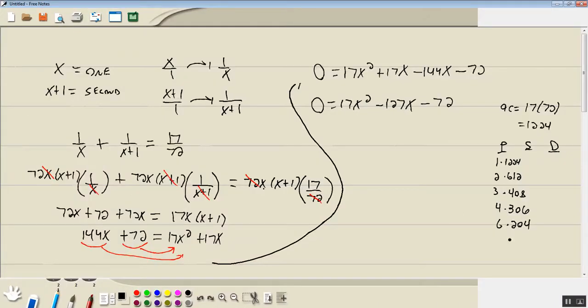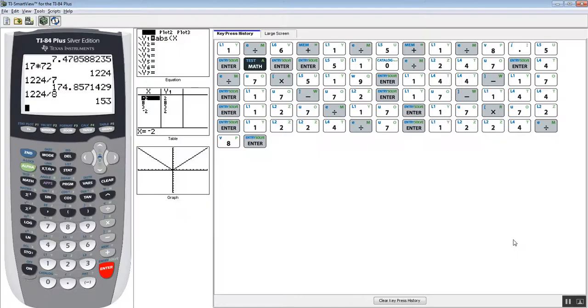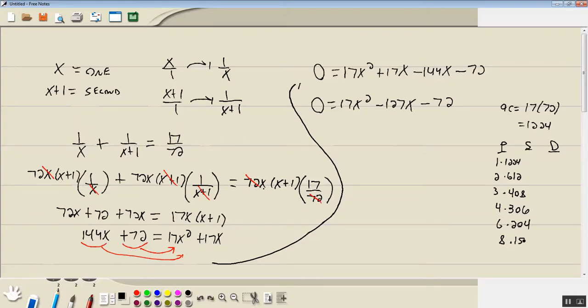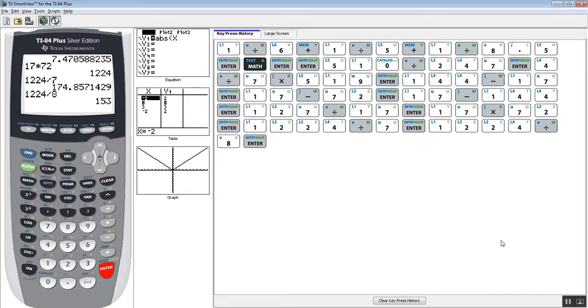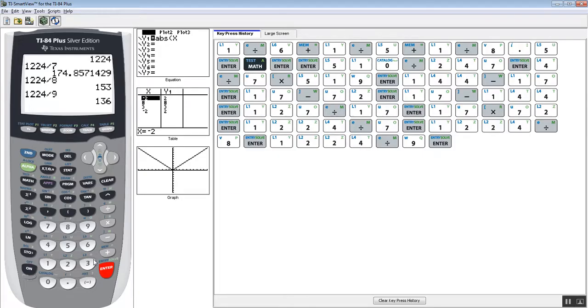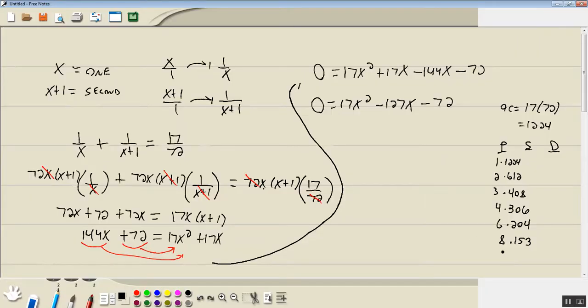There it is. Or no, well, 8 times 153. No, that's not it. 1224 divided by 9. It's not divisible. Oh, yeah, it is. Okay, 9 times 136. And 136 subtract 9 gives us 127.